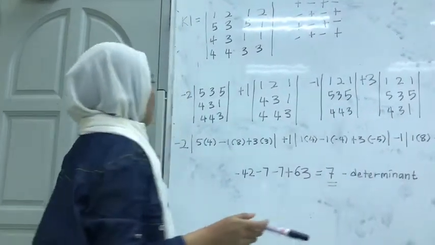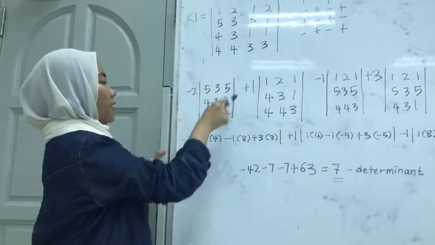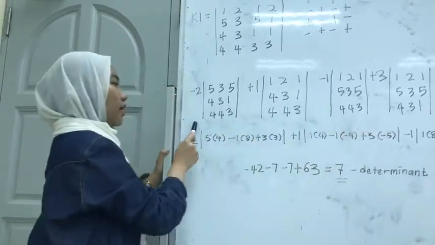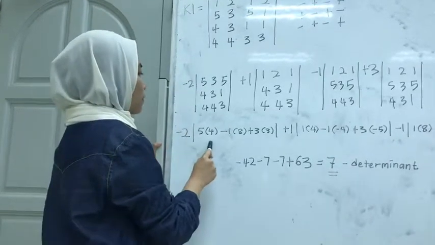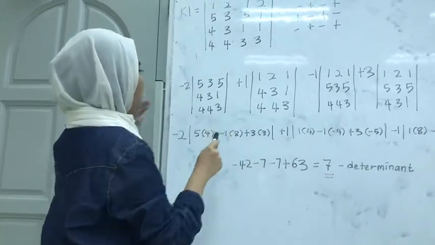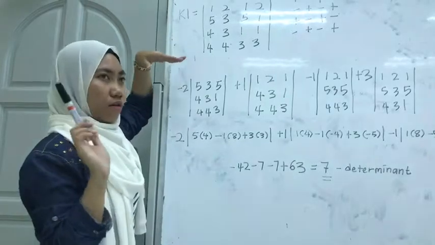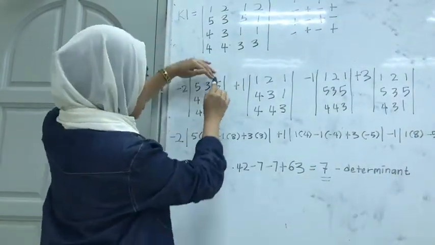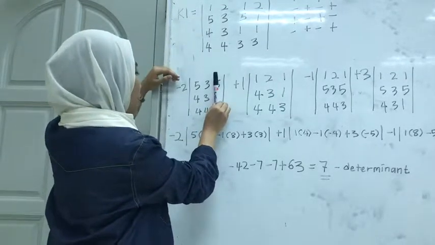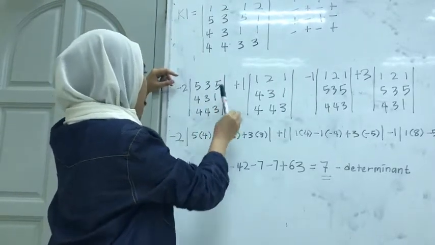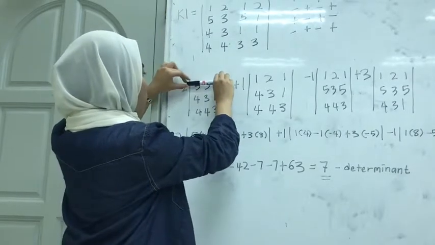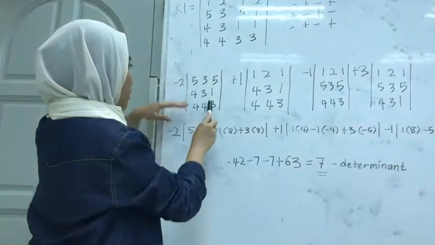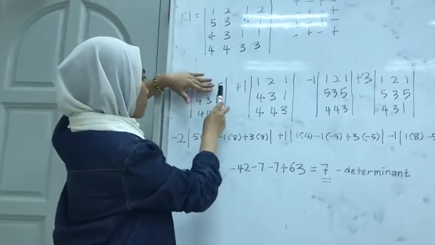Then after we get the 3 by 3 matrices like this, we can simply solve them by choosing any row or column again, which is I choose this column 5, 1, 3. Then I close this, and then I got 4, 3, 4, 3, 4, 4, and then so it is 5.